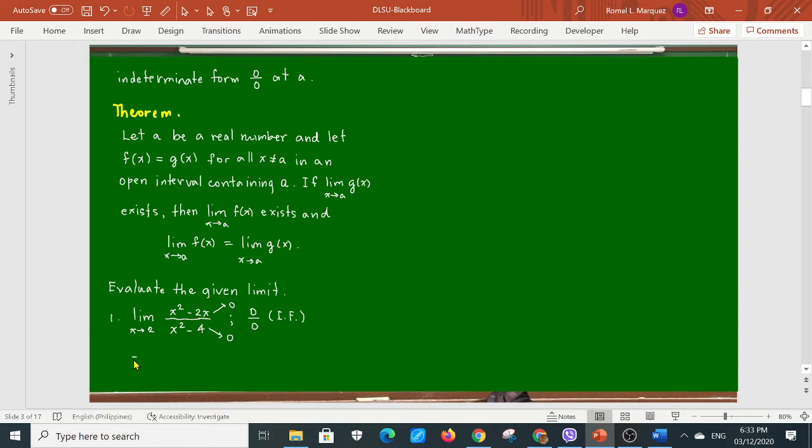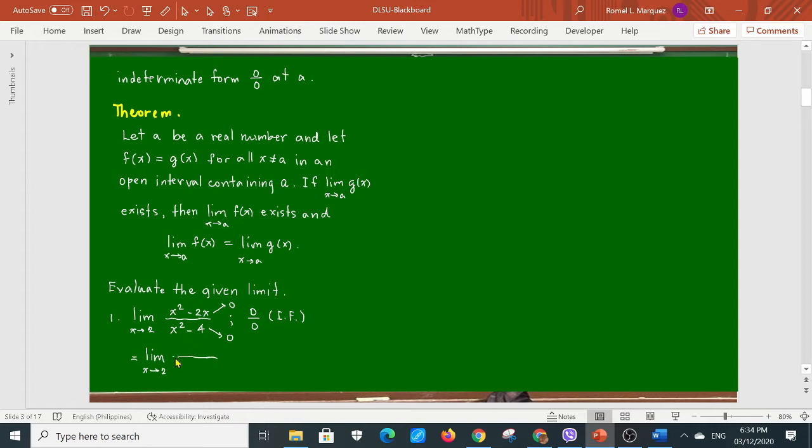So let's try to get a function simpler than this, but with the denominator defined, I mean, one that will not make it 0. So the technique is, of course, to find an equivalent function for this with an obvious limit.